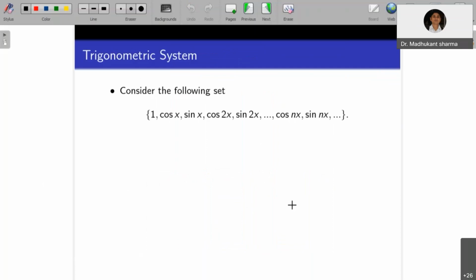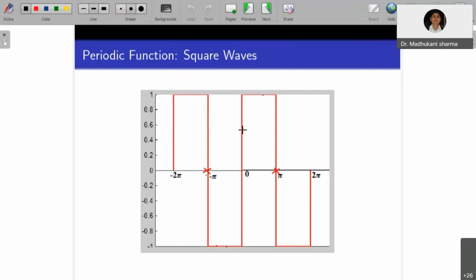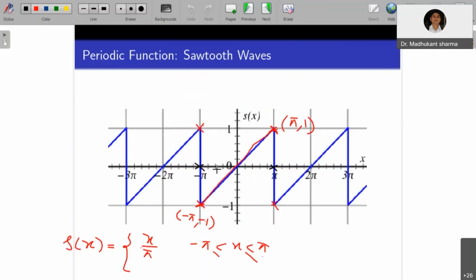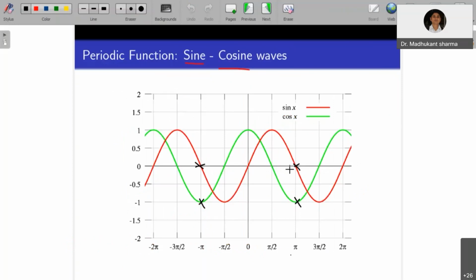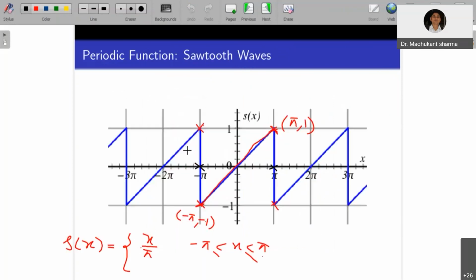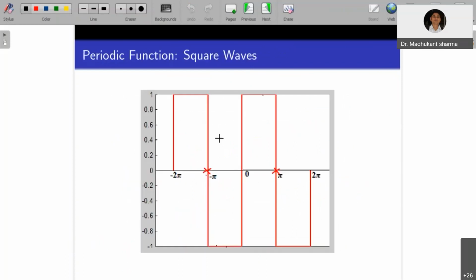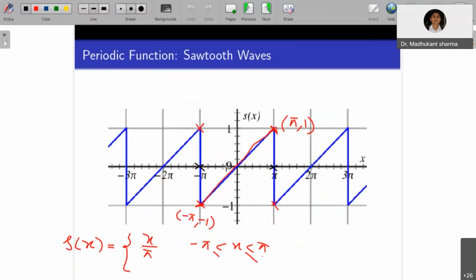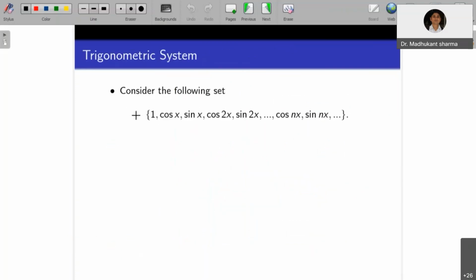Your goal in the Fourier series is something else: you are going to represent periodic waves, such as square waves and sawtooth waves, using sine and cosine waves. Fourier tried to approximate these sawtooth waves, square waves, rectangular waves, or other types of waves, by using a linear combination of the following set.